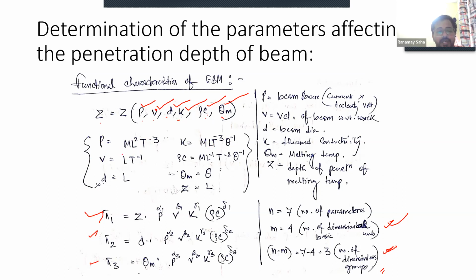Velocity is your length per unit time, so L T^-1. Rho c is your heat capacity multiplied by your density, so L^-1 T^-2 theta^-1. Then your diameter is a length coefficient only, so L^1, and the distance of penetration Z in terms of L only. Okay. Hope that is clear to you.